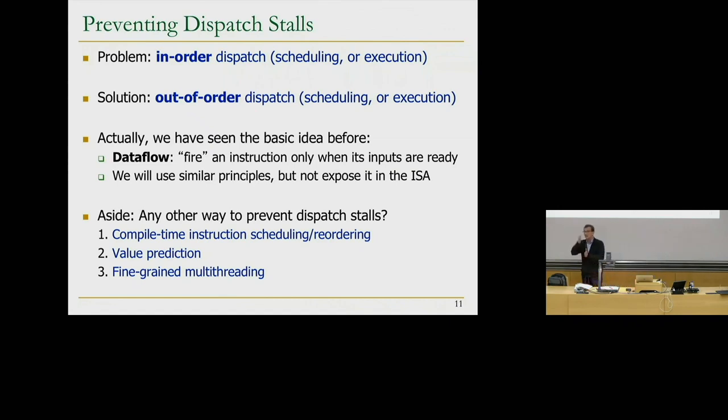Every cycle you're fetching from a different thread, and if you want to get rid of the data dependencies, you need to ensure that there are no instructions from that thread that are dependent on each other. So you fetch from a thread every n cycles. If you remember Frank's lecture, you fetch every 8 cycles, for example, from a thread. That's not good. The performance of that latency critical thread didn't improve.